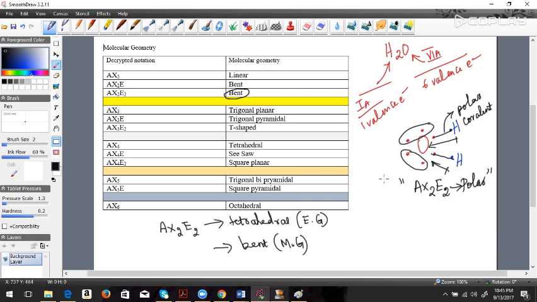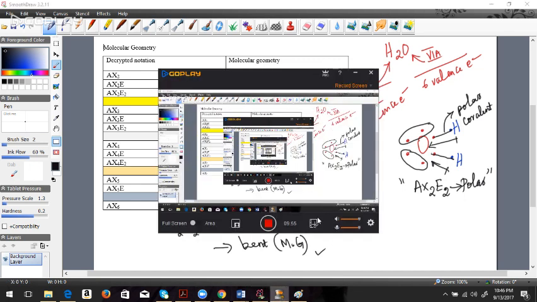The reason water can do all that is because of the lone pair. If the lone pair had not been there, that would be a totally different case. So it's always easy to remember the electron geometry. You just have to make that extra effort to remember a few. So bent is the molecular geometry. So let's continue.